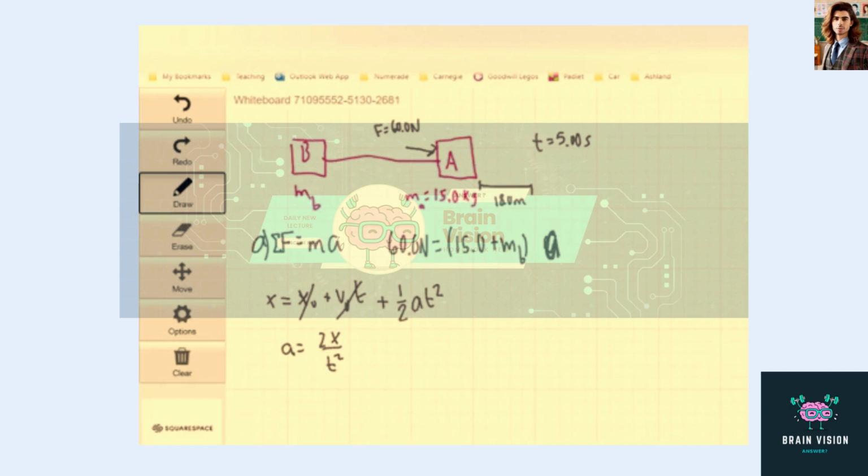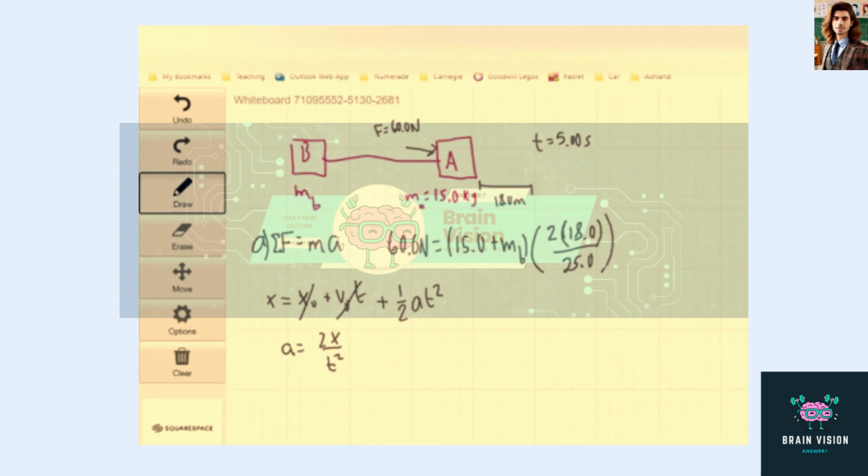So where I see a up here, I can just erase it and write 2x over t squared. T squared would be 25.